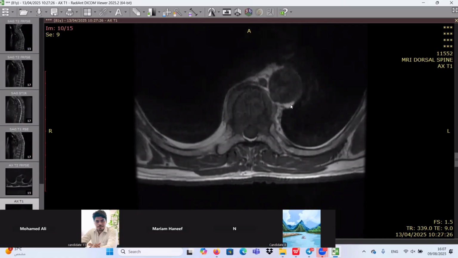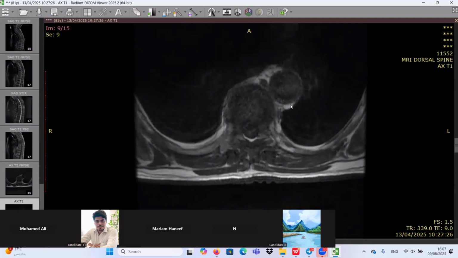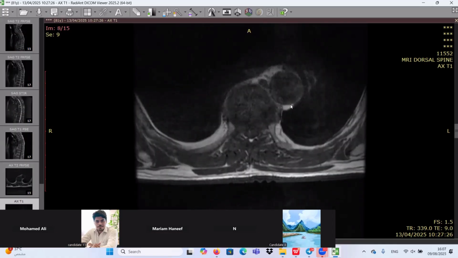So this is not the effusion. Is it displaying hyperintense signal? No. This one is extrapleural fat. This one is not pleural effusion. Yeah. This one is very similar to pleural effusion, to this fat in the mediastinum. So it is extrapleural fat, but it is more prominent. It's not pleural effusion. Okay.